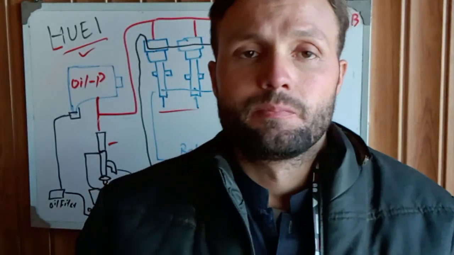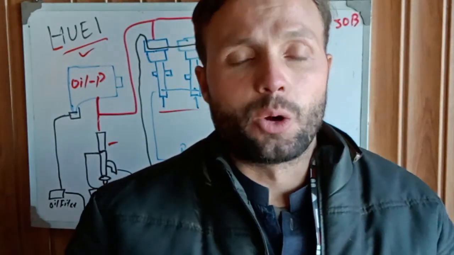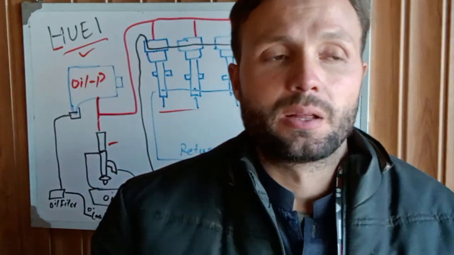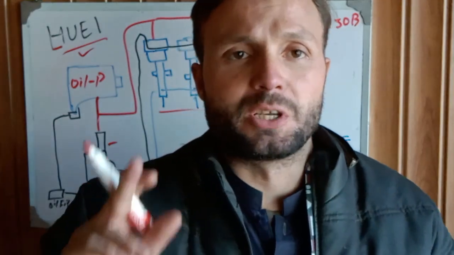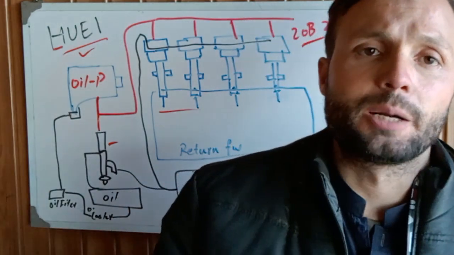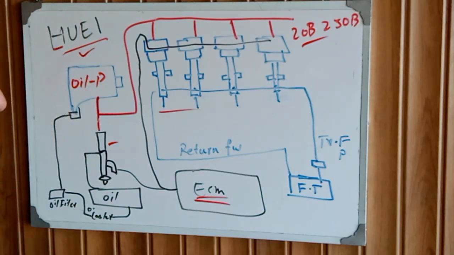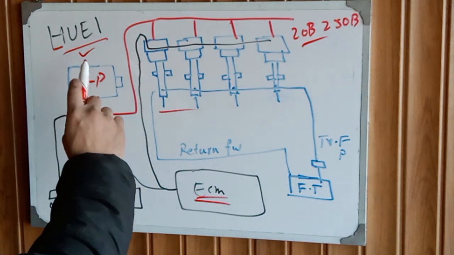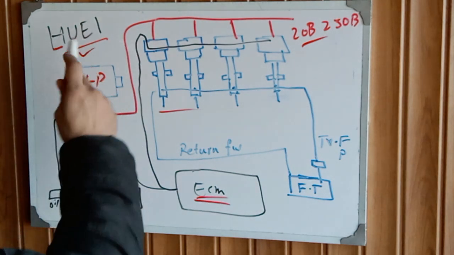Then the camshaft and crankshaft position sensors figure out which piston is on TDC. Then the ECM sends a pulse to the specific injector which now needs to fire in the combustion chamber. This is the complete diagram of the HEUI system, hydraulically actuated electronic unit injection system, or you can call it hydraulic unit electronic injection system.